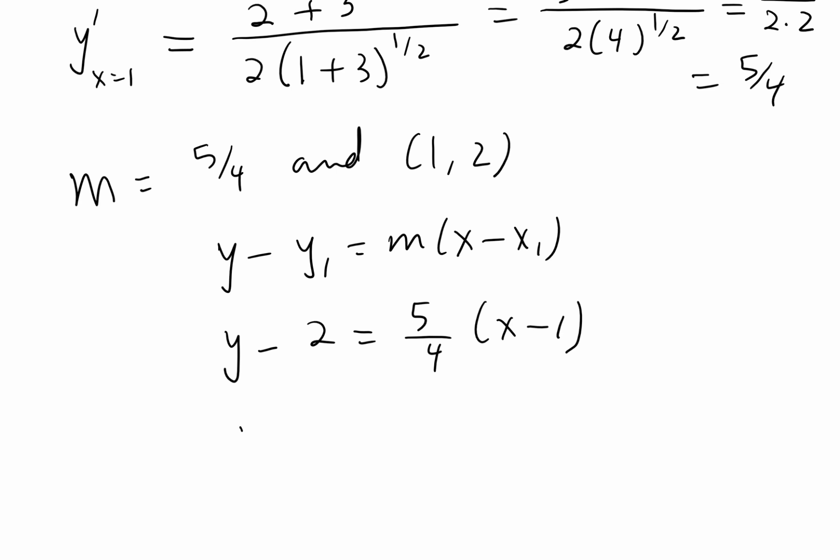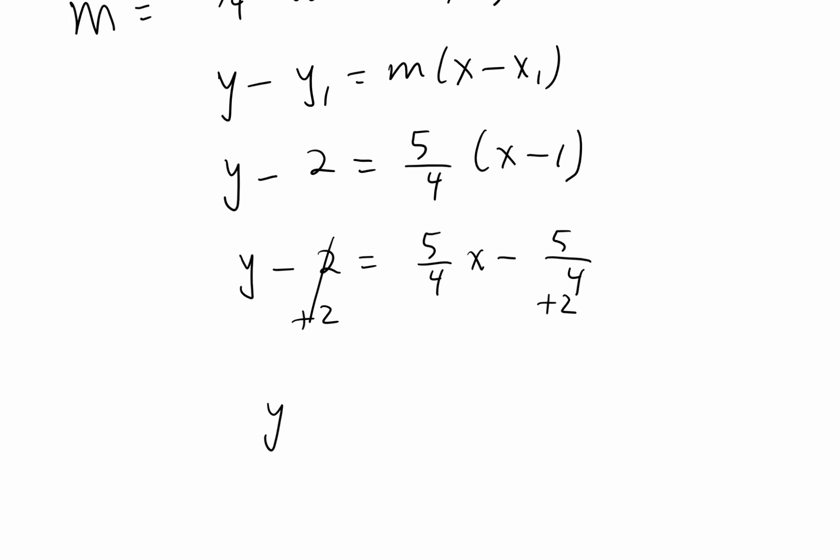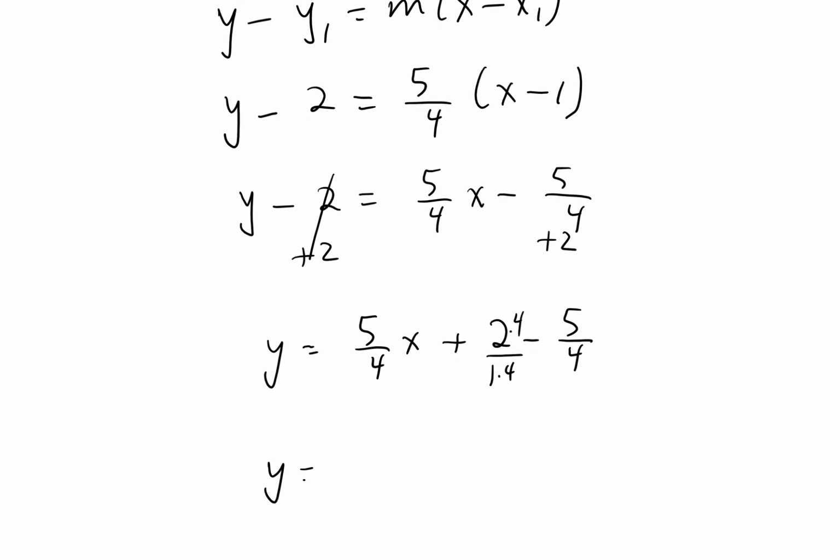So y minus 2, multiply the 5 over 4. Then add 2 to both sides. Multiply by 4 over 4. 8 minus 5, 3 over 4.